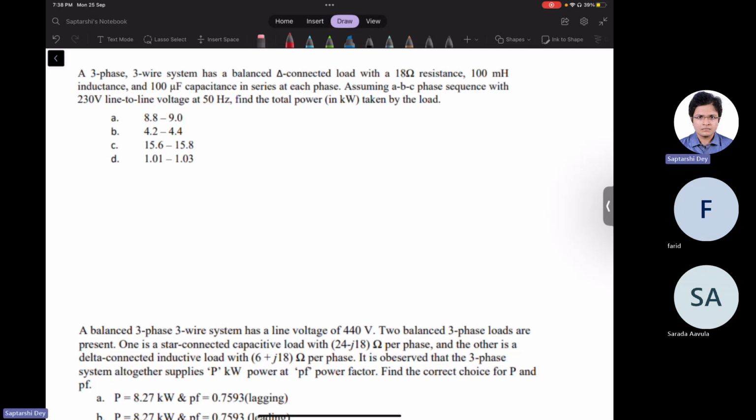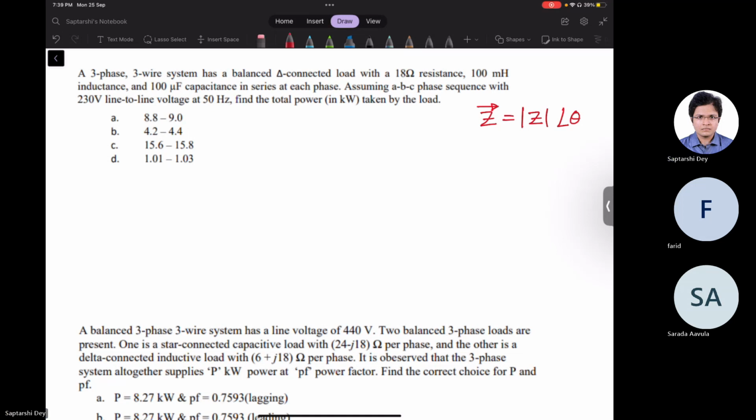Okay, so balanced load. An AC load is an impedance Z, which is a vector, written by its magnitude and angle. Three-phase balanced load means all three loads have the same magnitude of impedance and the same power factor angle.